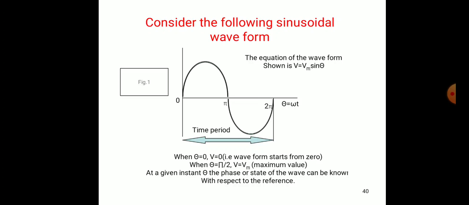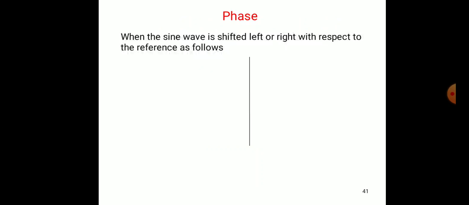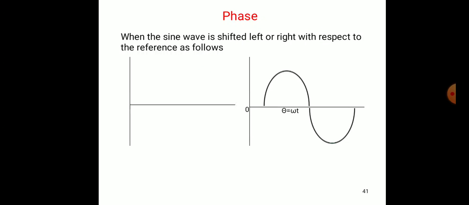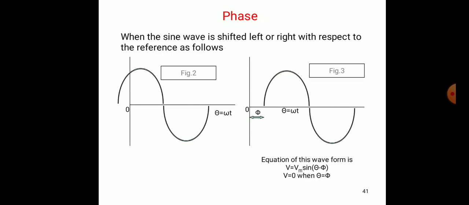If you substitute values like 0, pi by 2, 2 pi there, you can get the wave shape. When the sine wave is shifted left or right with respect to the reference, as follows, you can see this is a normal waveform. It is shifted to the left side, shifted to the right side. That shifting is called a phase shift.